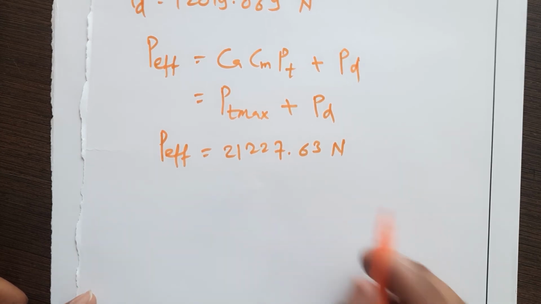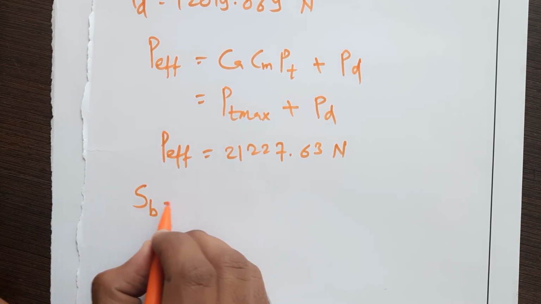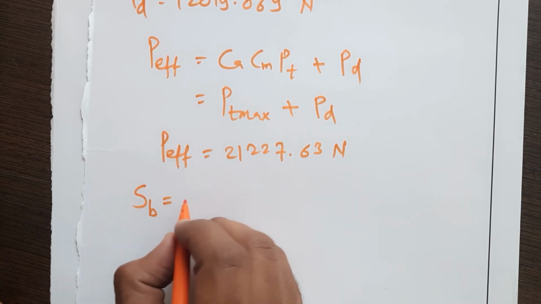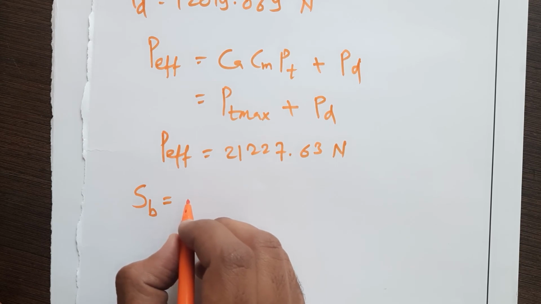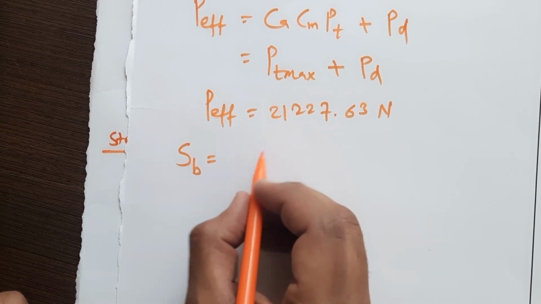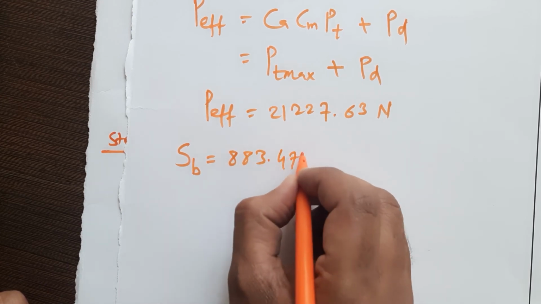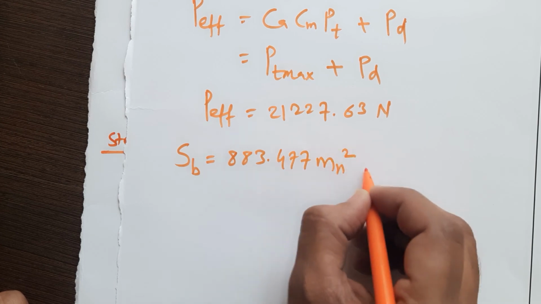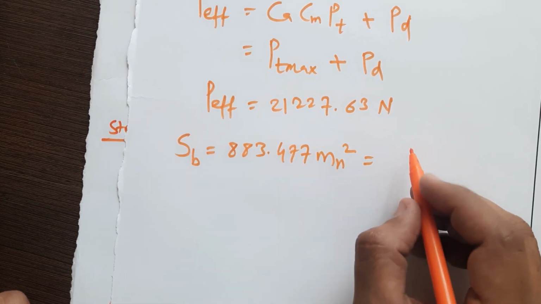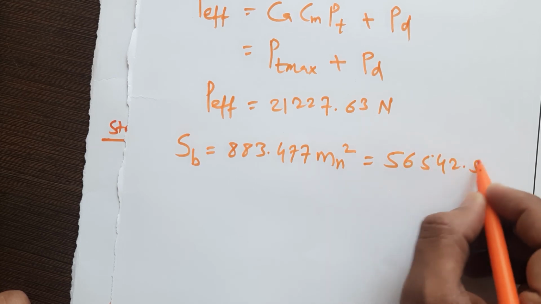Then you have to equate SB to factor of safety into P effective. So we should first have SB, which we have in terms of module. SB is 883.477 mn square. Substituting the value of mn, you get SB as 56542.53.